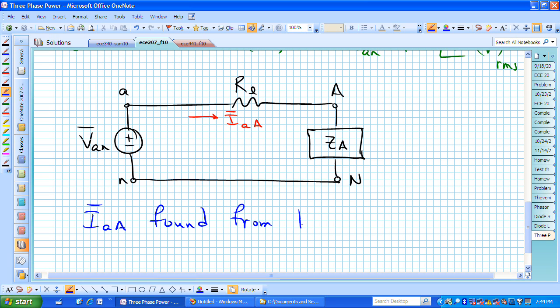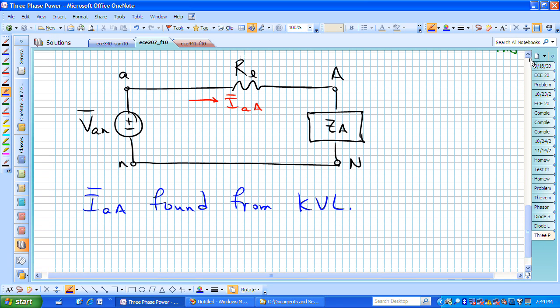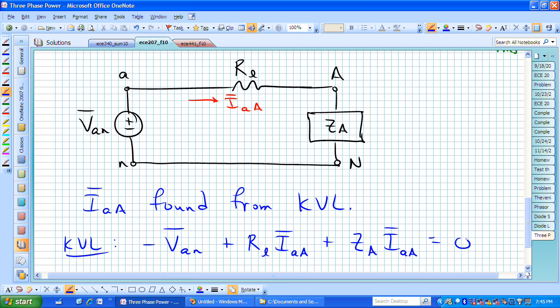and that's KVL. We can write a KVL equation for this circuit, which says, starting at the lower left or the little n node, minus V sub AN plus R sub L I sub AA plus Z sub A I sub AA equal to 0.